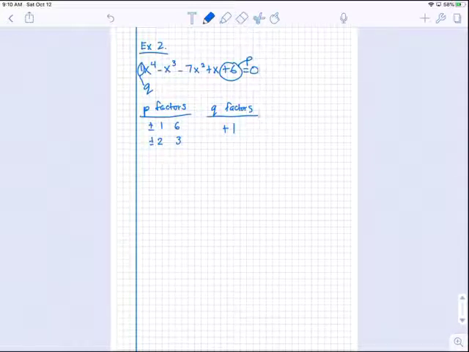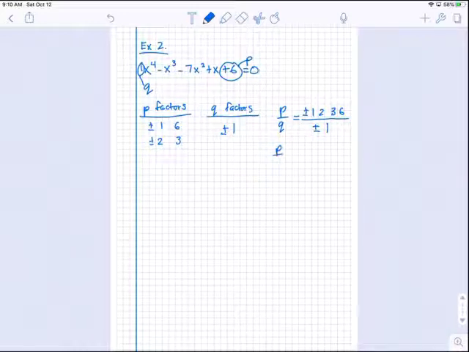Now what we have to do is find our P over Q, because P over Q will give us all possible roots. So my P is 1, 2, 3, and 6, all over plus or minus 1.